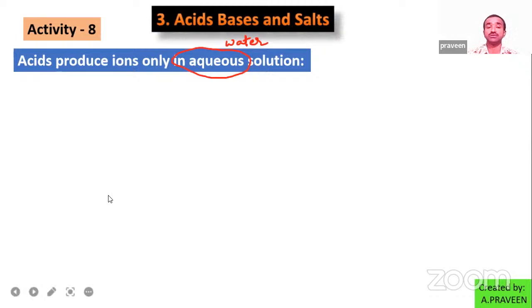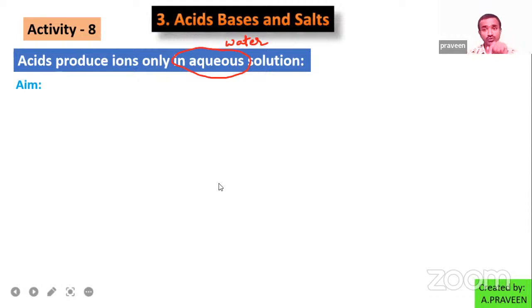Then look at how to conduct this. So simply, what is our aim? To understand the production of ions without using any electrical current. In activity 7, using the electrical conductor circuit, using current, you noticed the production of ions by the acids and bases in water.